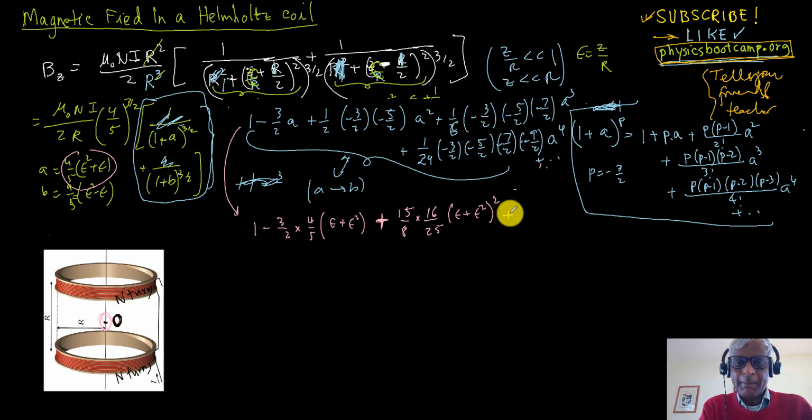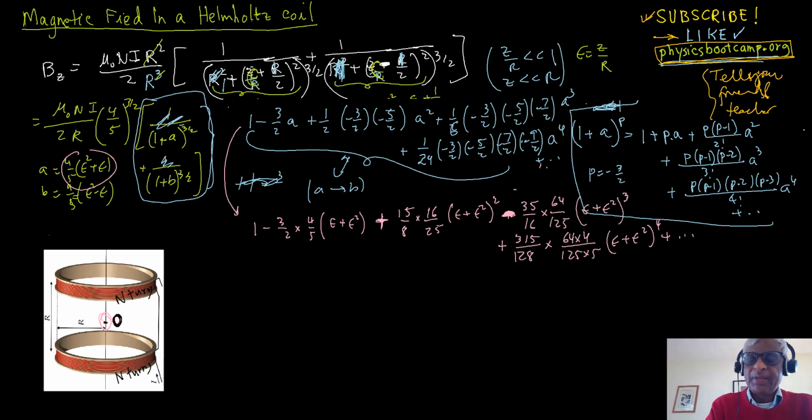Then we'll have a this minus this plus, then it's going to be minus, and then this quantity over here, and then we're going to add. You can see the b is everything where you see epsilon goes to minus epsilon. So right away you can tell all the odd powers of epsilon will be 0, right?